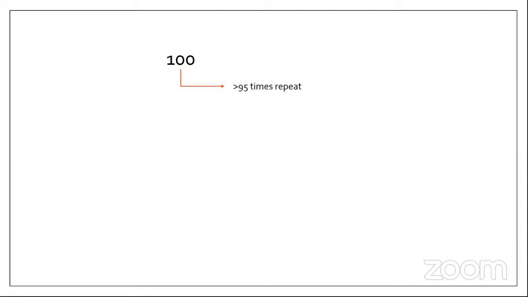Suppose we have given one compound and we want to estimate the plant height after 30 days, and we measure that yes, after 30 days the plant height increases, but we should get the same result more than 95 times. So suppose we got the result more than 95 times, that means the error is less than 5%.